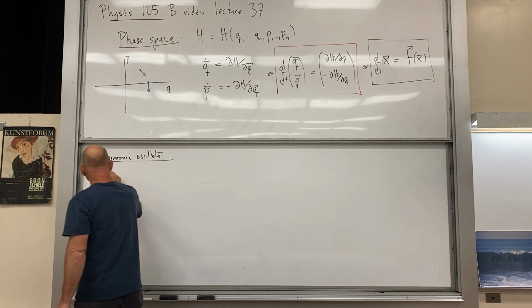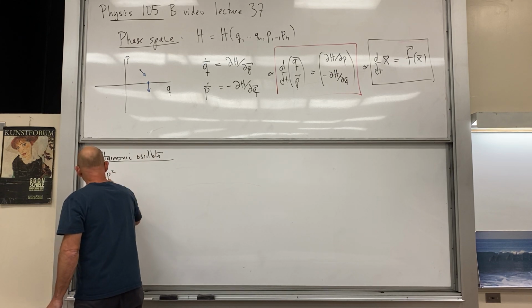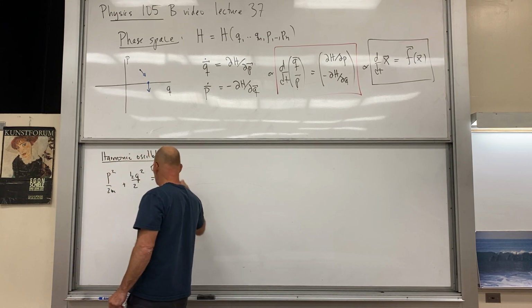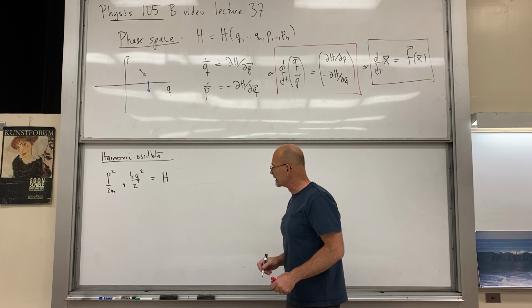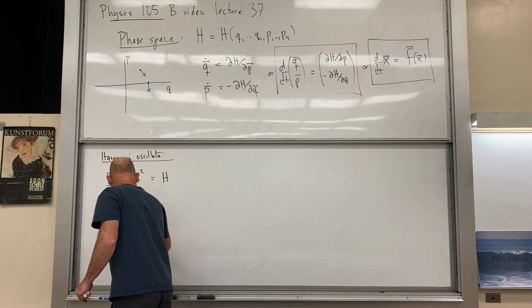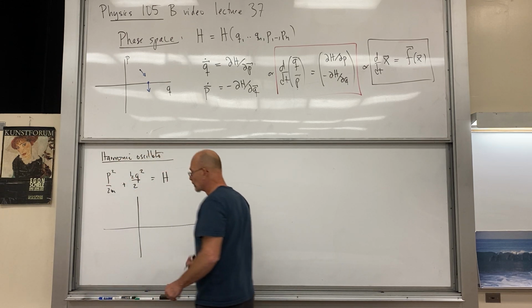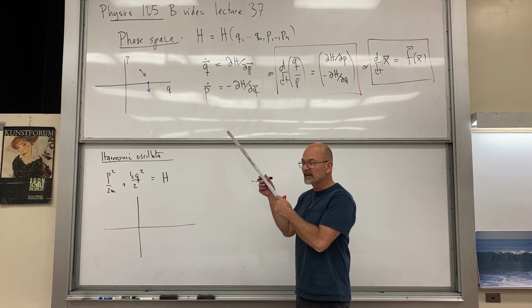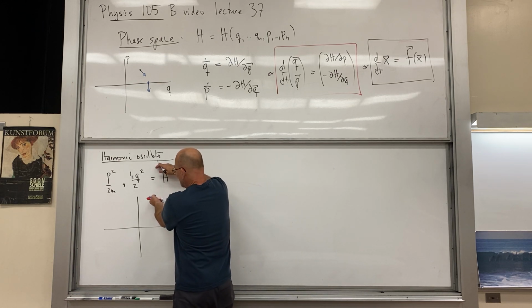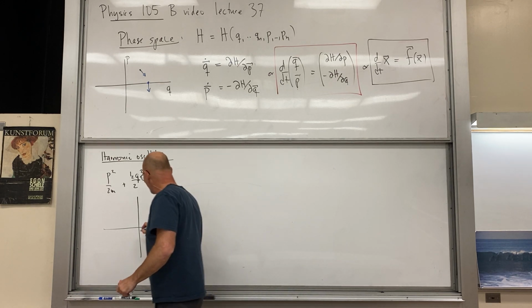We had our Hamiltonian, p squared over 2m plus kq squared over 2, equals H, and that's constant, so that's equal to E. And then the derivatives of Hamilton's equations, we explicitly had the vector field for this, and then we could interpret this as an ellipse.